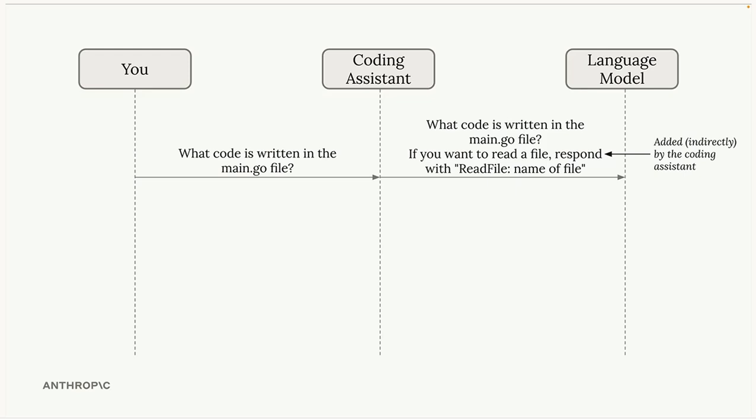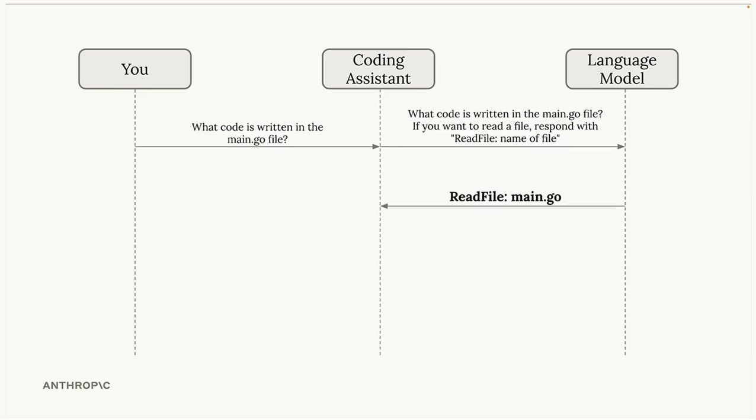In this particular case, we can imagine that the coding assistant is going to add on some text that says something like, if you, language model, want to read a file, respond with this very carefully formatted message. For example, maybe something like read file, and then the name of a file to read. So in this case, the language model would hopefully realize that in order to answer our question, it needs to respond by reading that file. So it might respond with read file, main.go.